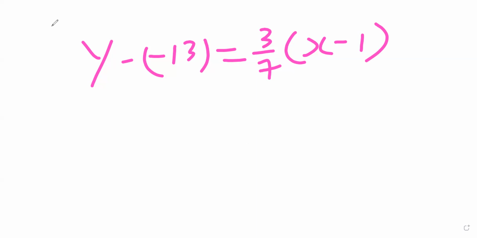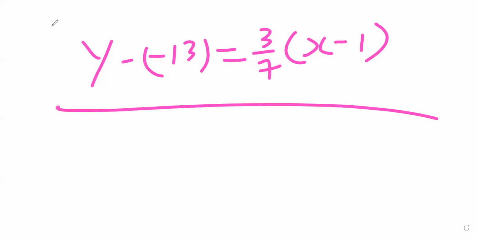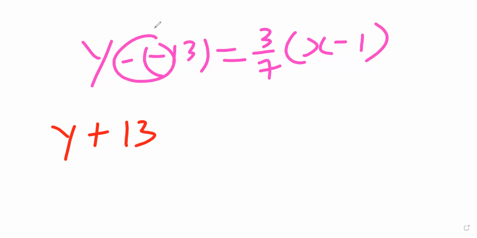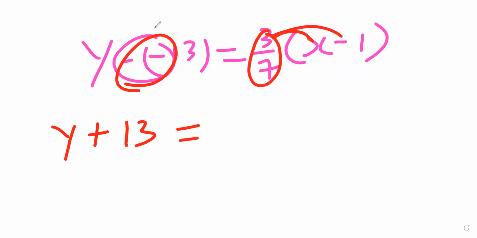We could just simplify going across. If we have two negatives clashing, remember, it's always going to become a positive. So these two negatives clashing become a positive. Now I can simply distribute the scale value outside to all the terms in the parentheses.